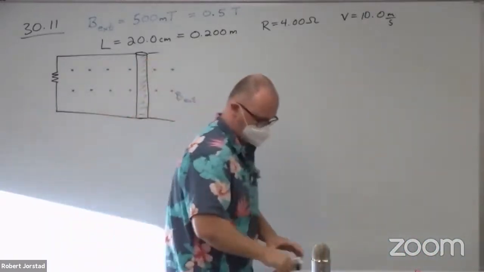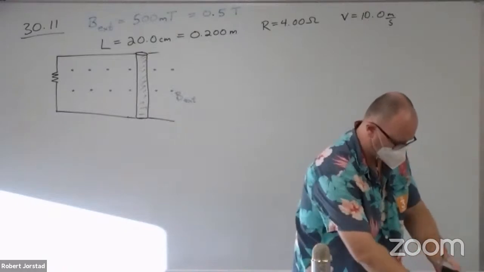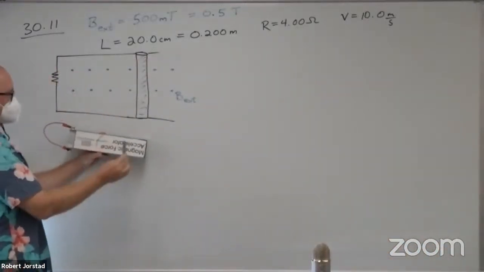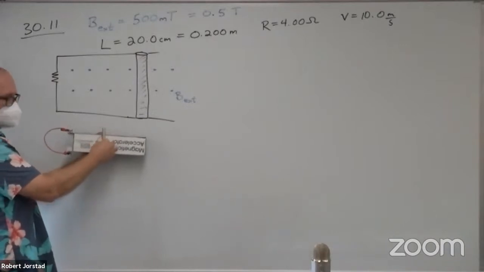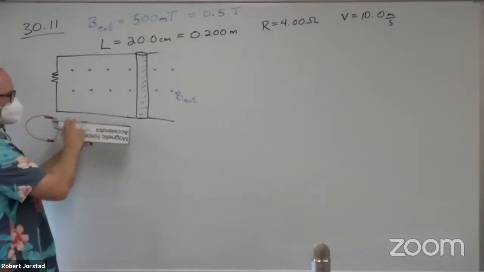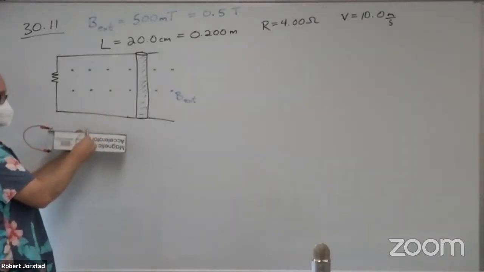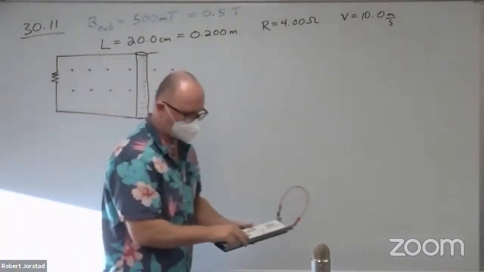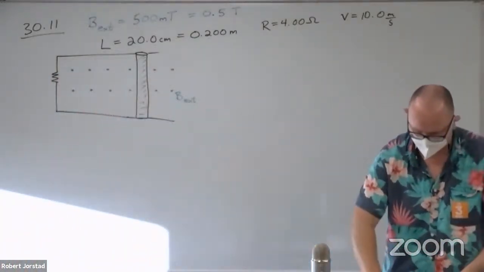So again, I want to make clear here. The idea is this scenario right here. I'm the zombie pulling on this thing. So it's not like the rod is magically moving. It's not like the rails are moving. I am a human being pulling on this thing, and that is some force. So I think we're told that force is P, right?